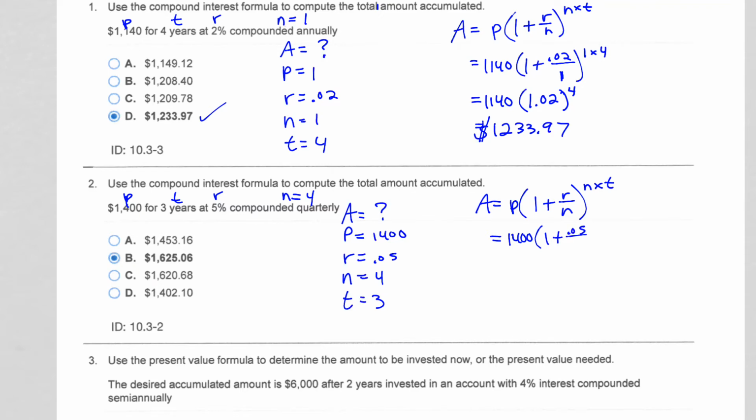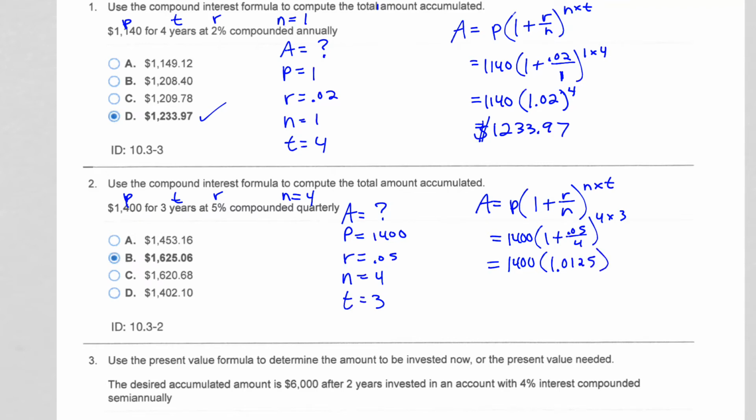0.05 divided by 4. 4 times 3. So I recommend you put 0.05 divided by 4. It's going to give you 0.0125.